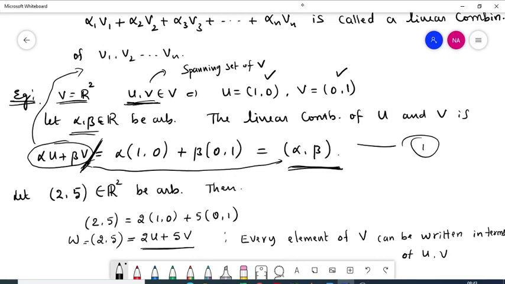Given n number of vectors v1, v2, ..., vn, their linear combination is of the form alpha 1 v1 plus alpha 2 v2 plus alpha 3 v3 and so on up to alpha n vn.